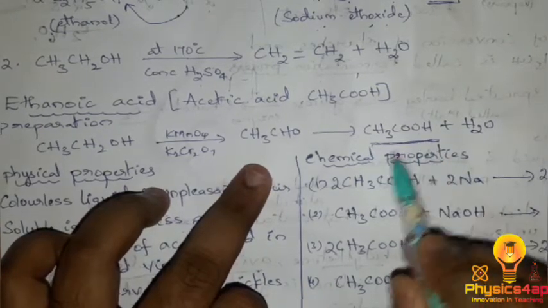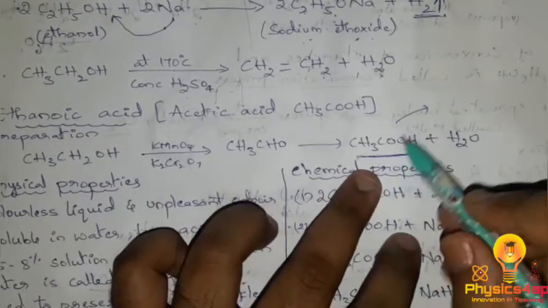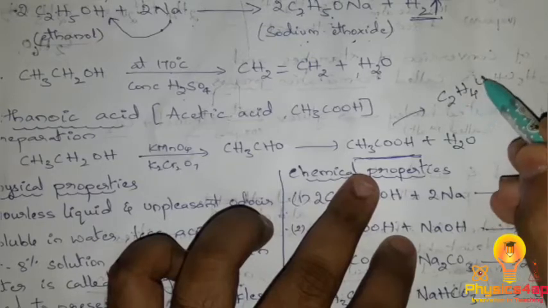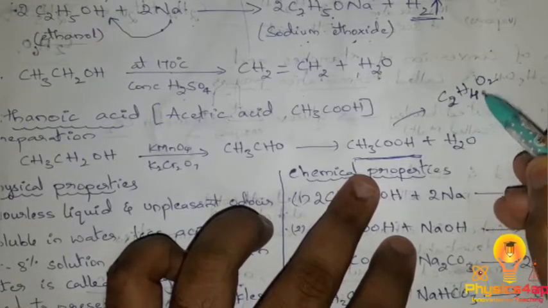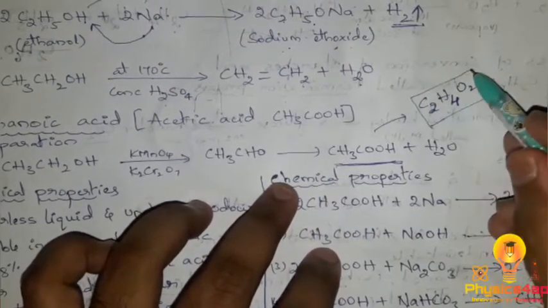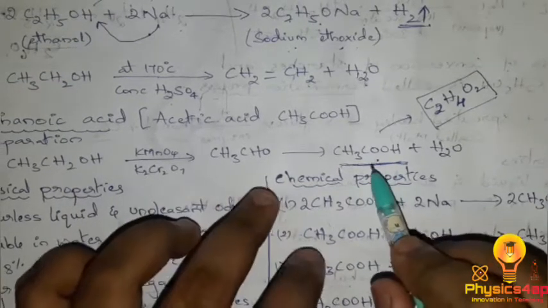CH3COOH, acetic acid, is prepared. Sometimes it can also be written as C2H4O2. So remember that C2H4O2 is also called acetic acid.